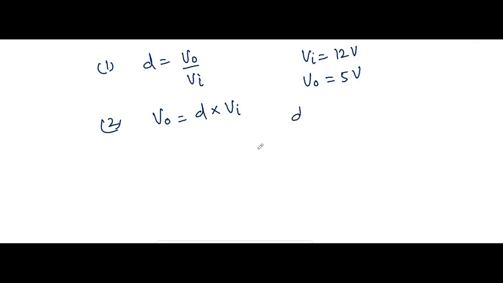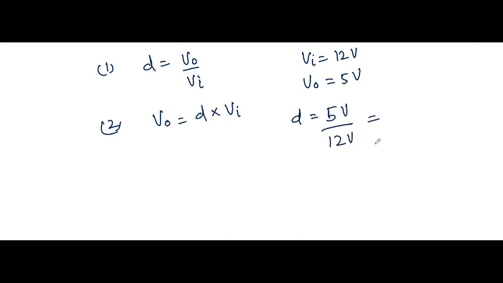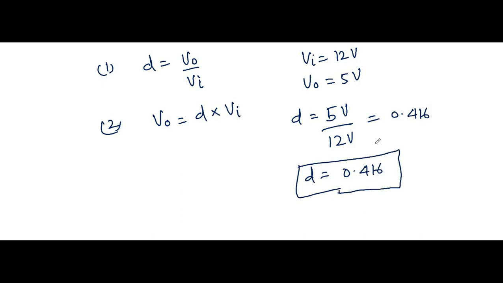So duty cycle D equals 5 volt divided by 12 volt. If you calculate this, your duty cycle is going to be 0.416. That is how you can calculate the duty cycle of a buck converter in CCM mode.